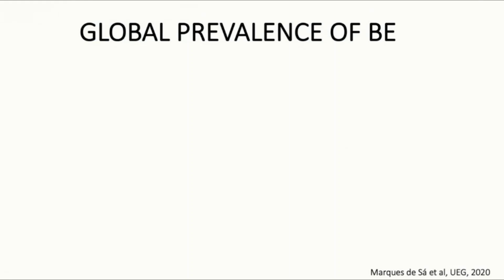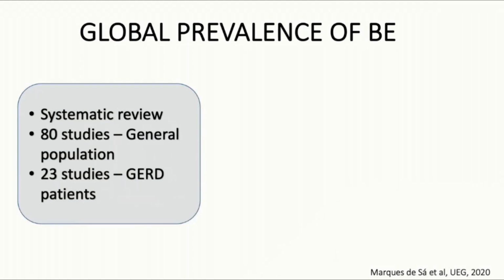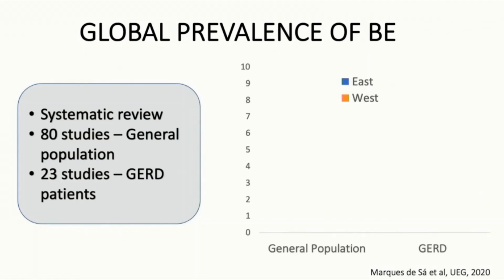This is a recent publication looking at the global prevalence of Barrett's esophagus. This included 80 studies in the general population and 23 studies with only GERD. And you can see that there is a nice east and west divide. The population prevalence of Barrett's esophagus is significantly higher in the west as compared to the east.